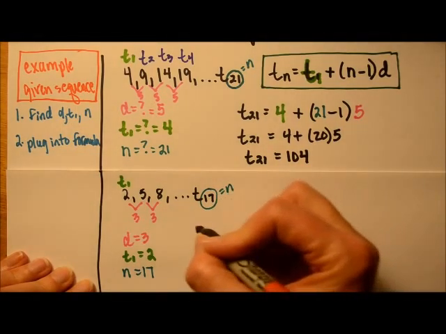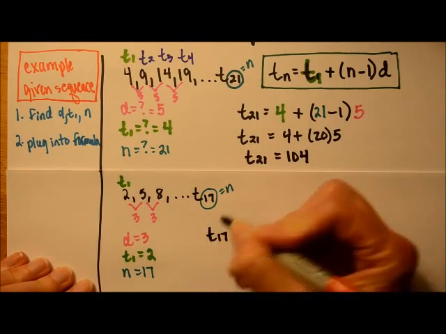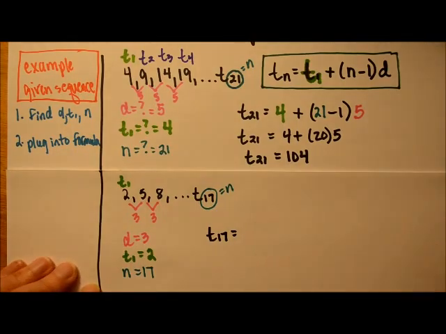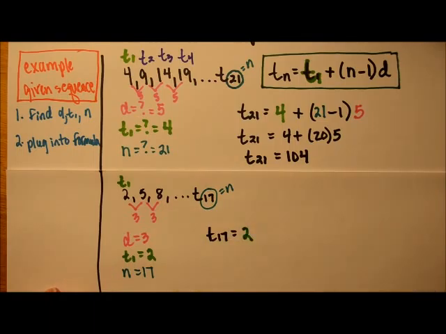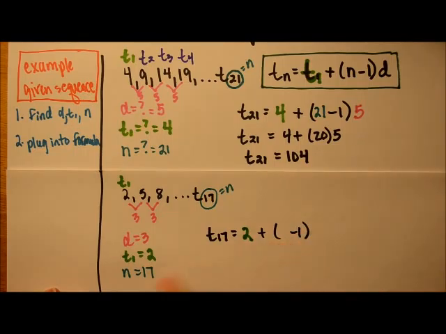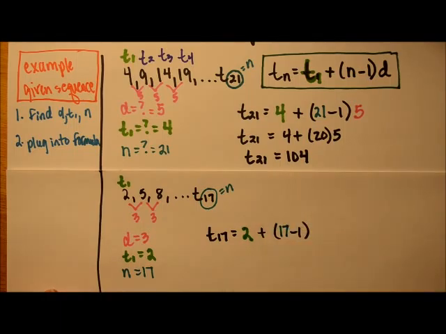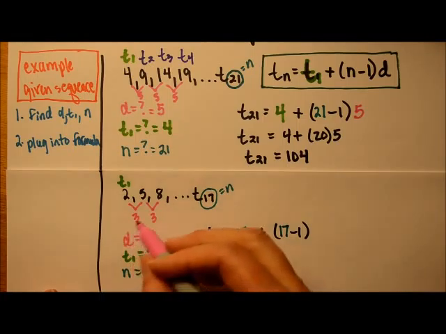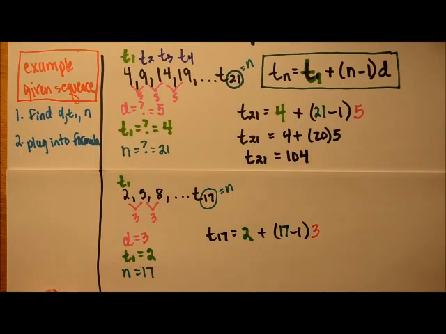I have T17 equals, here comes this green piece, T1, which is 2, plus this teal piece, which is 17, or N, times that pink piece, which is the difference. Okay, so I have them all plugged in.